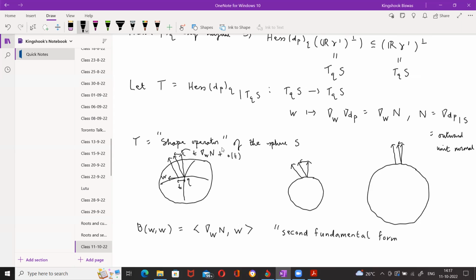So this measures how much the sphere is curving in the direction of W.